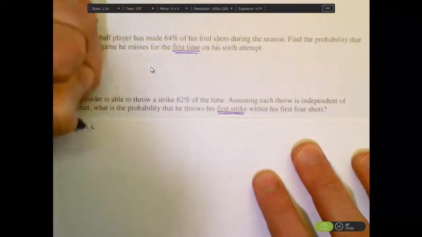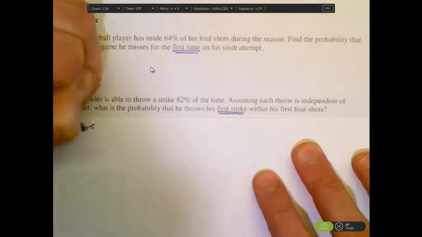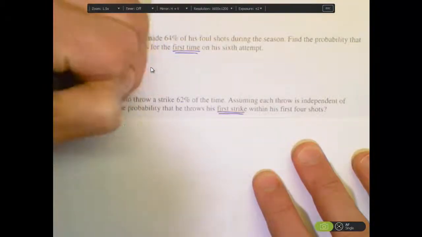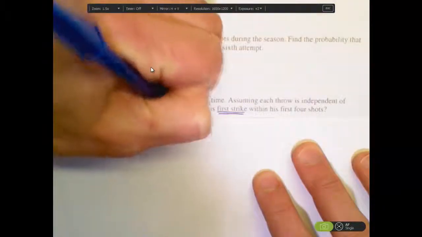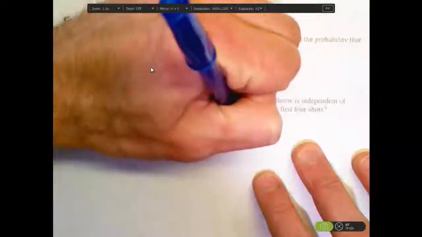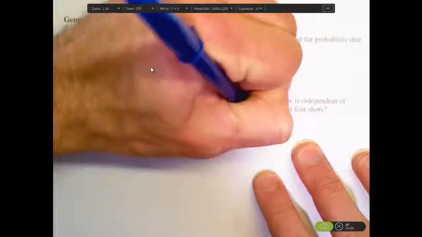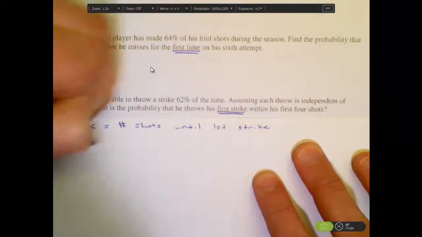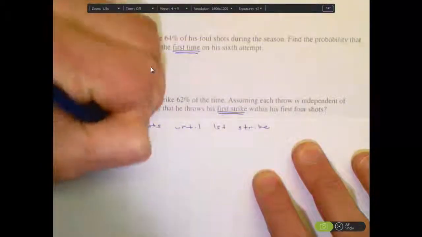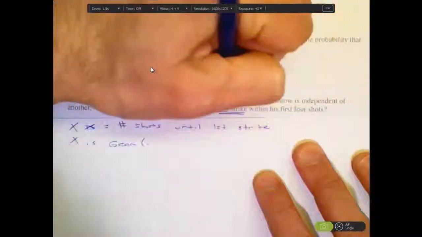So this is going to be geometric. Well, let me identify the random variable first. So X equals the number of shots until the first strike. That's what I'm interested in finding. X is geometric. I'm looking for the first strike.